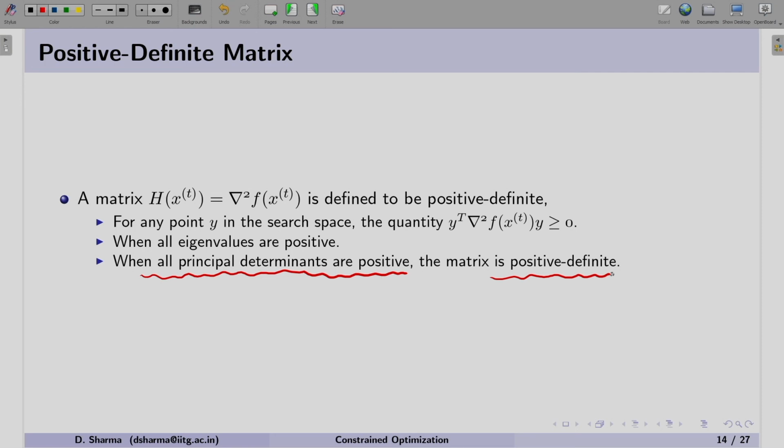As we know, if we multiply -1 to the Hessian, and this minus times the Hessian comes out to be positive definite, then we can say that it is negative definite. If it is neither positive nor negative, then we can say it is an indefinite matrix.